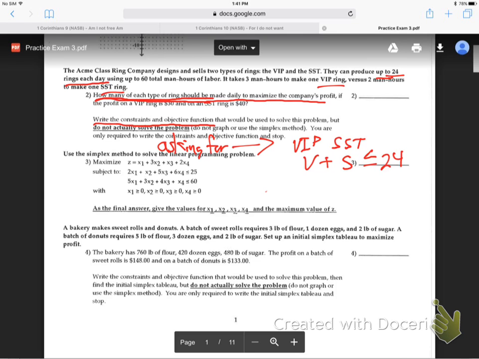So the total number of rings made adds up to be less than or equal to 24. Does that make sense? And then the next fact, 60 total man hours. It takes 3 hours for every VIP, 2 hours for every SST. So 3v plus 2s is less than or equal to 60. This is the man-hours equation. This one's the total rings.